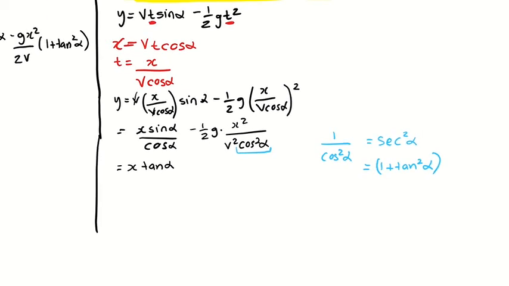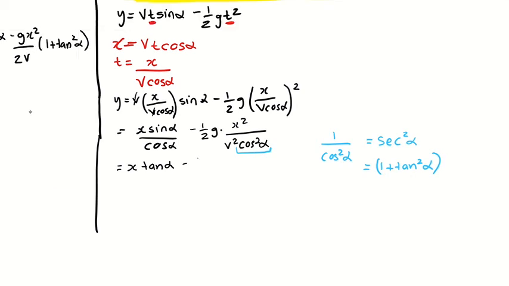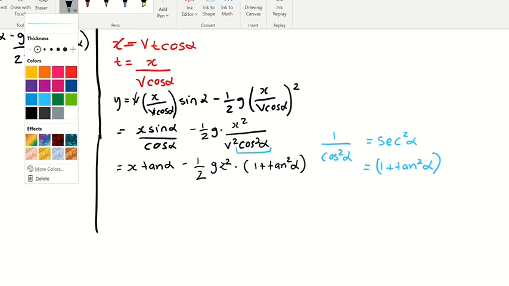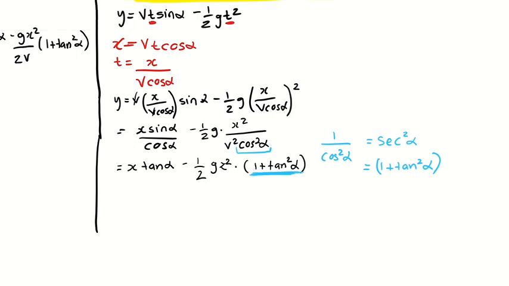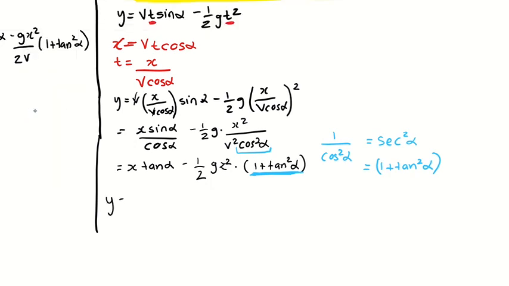So now we can replace that and say, I'm going to have minus 1 over 2 g x squared timesing by 1 plus tan squared alpha. That is me just putting in that substitution here. Then I can do one more step and clean it up, and you'll see that yes, it does turn into that equation.